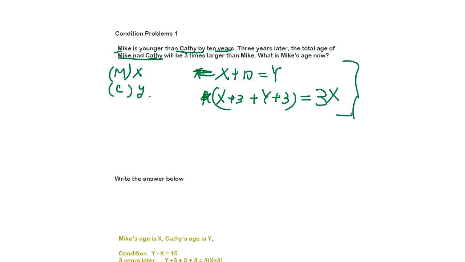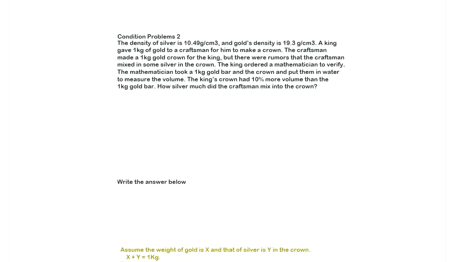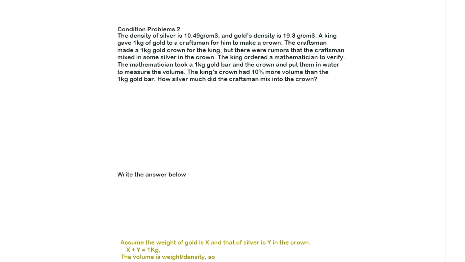You just make 2 equations and solve this. Use the substitution method. Plug in Y here, then you can get X. Okay, let's keep going. We have too many example word questions, so we gotta keep moving.